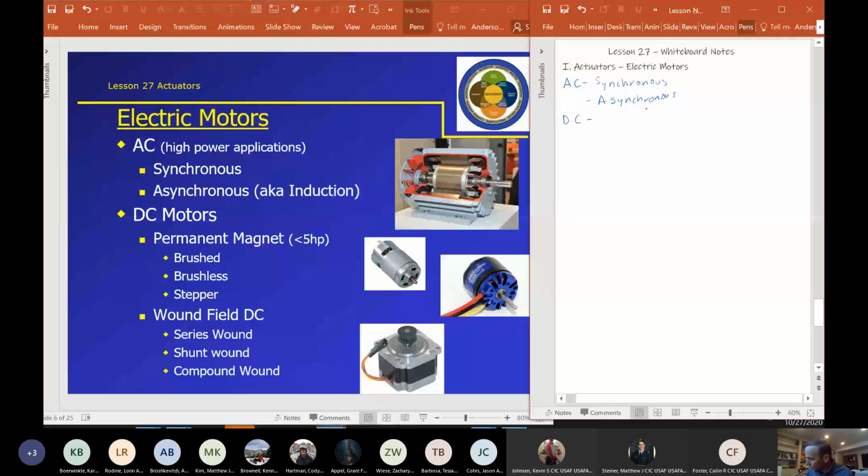Okay, so DC motors come in two major types, permanent magnet, and these are usually going to be less than 5 horsepower. With permanent magnets, they can be brushed motors, which is what we'll mostly talk about today. That's probably what you're most familiar with. Or you can have brushless, which are a more recent technology.